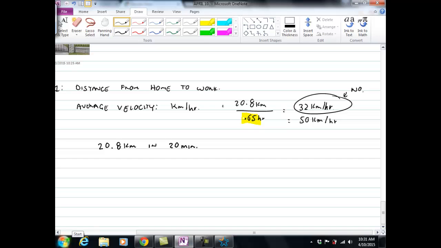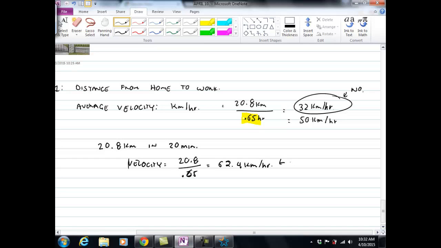There are no cars on the road. So my velocity is equal to 20.8 over 0.65, which gives me 62.4 kilometers per hour. So here's the catch.